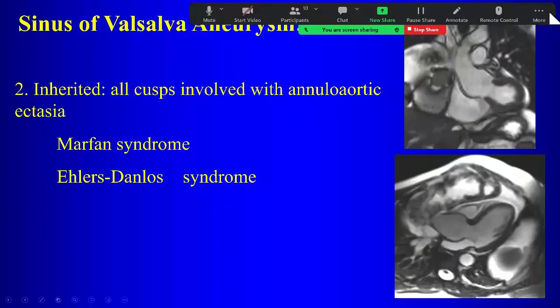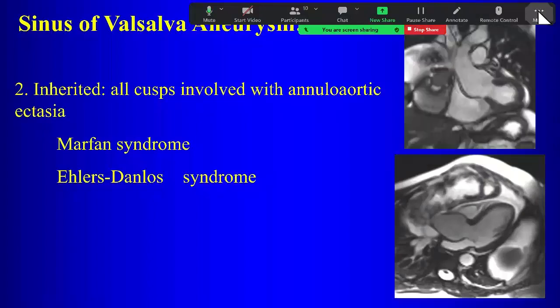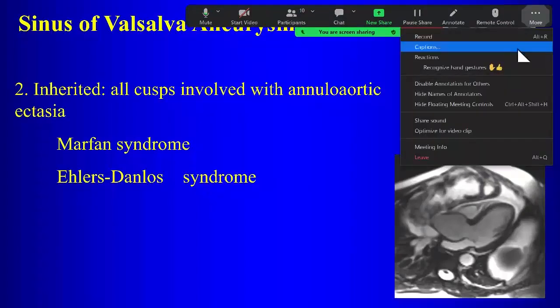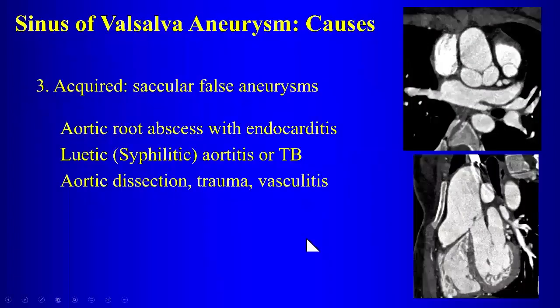Now, we've talked about Marfan's and Ehlers-Danlos, which can also give you sinus Valsalva aneurysms, although usually with those it involves all of the sinuses, and that's why we get this tulip bulb sign when we have all of the sinuses involved with dilatation.